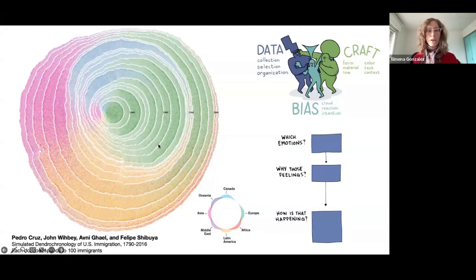Dendrochronology, in case people don't know, I certainly didn't, is the study of aging of trees, and trees age by adding different rings. So we're looking at these different rings, and it's trying to show us how immigration has changed over time.